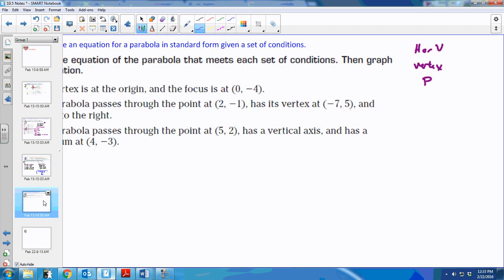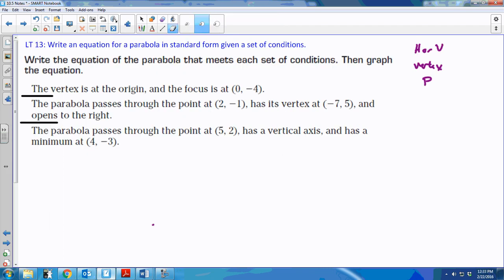So for the first one, it says the vertex is at the origin. So I know the vertex. The focus is at 0, -4. If I graph this really quickly, 0, 0, and then 0, -4, it's vertical.